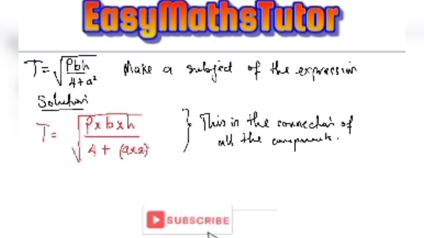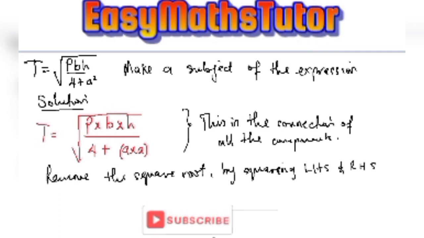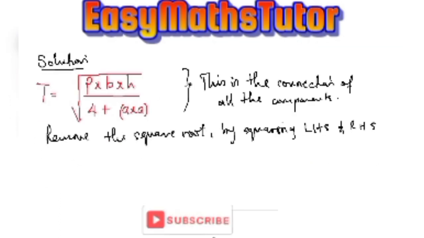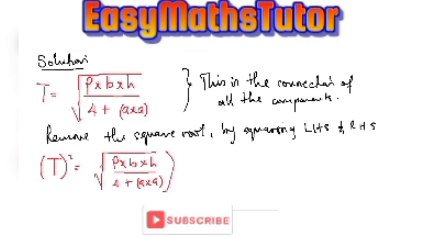So how are we going to isolate a to make a the subject of this algebraic expression? First of all, we are going to remove the square root, which is binding a inside the expression, from the right hand side by squaring both sides. We'll square the left hand side, giving us t square, and then we square the right hand side, which will help to remove the square root.